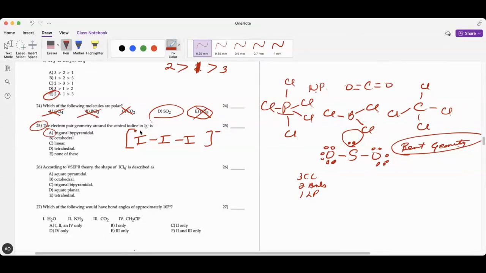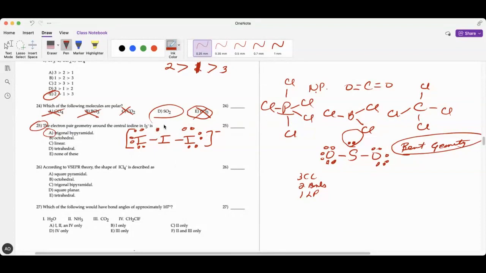So we go ahead and we put the electrons around the 2 peripheral atoms. Okay, so let's see. We would have 7 times 3 is 21, plus 1 electron for the charge, so it's 22 electrons. So I've used 2, 4, 6, 8, 10, 12, 14, 16.